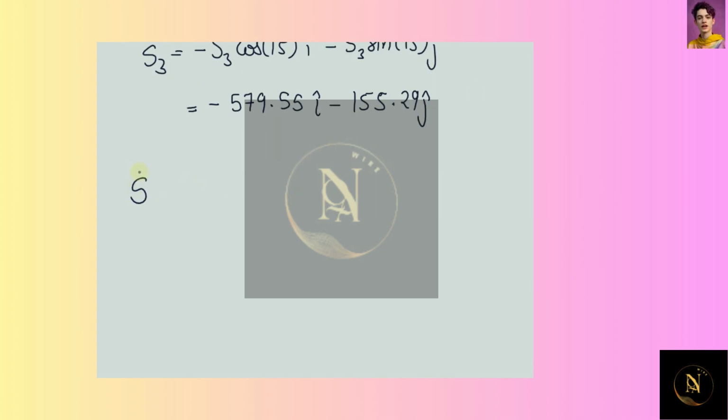So the total S vector will be the S1 vector plus the S2 vector plus the S3 vector. Now we will add the I components and the J components.